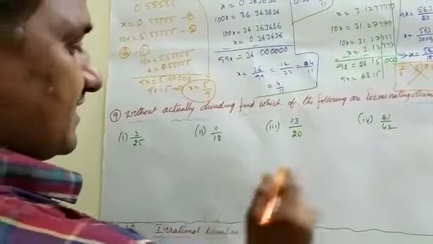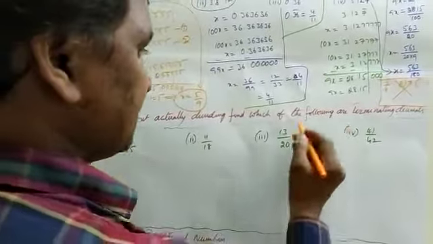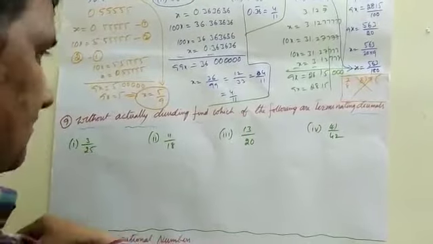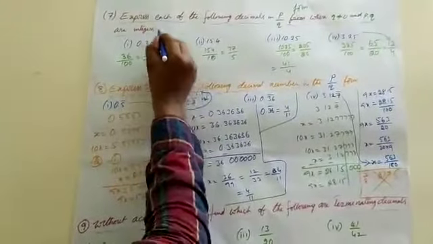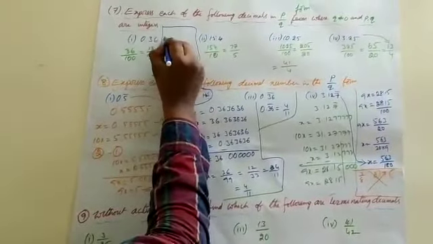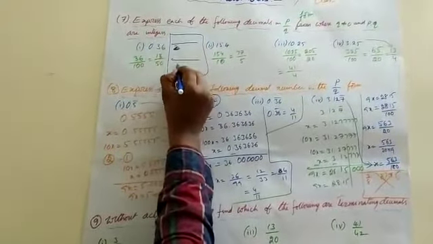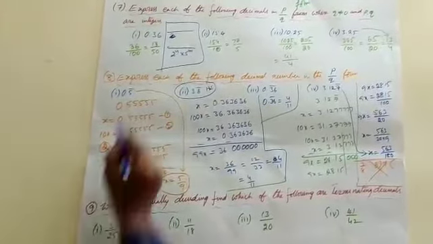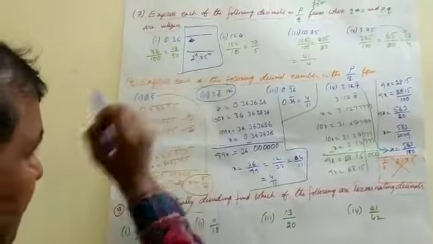decimals. What is the condition of terminating decimals? Like the denominator position. What is the denominator position? The denominator is of the form 2 power n into 5 power m.